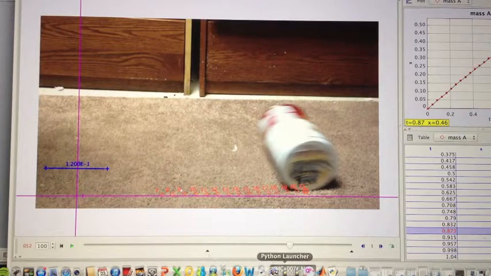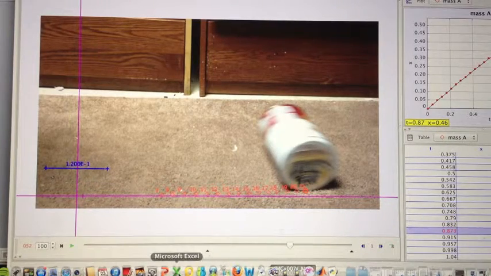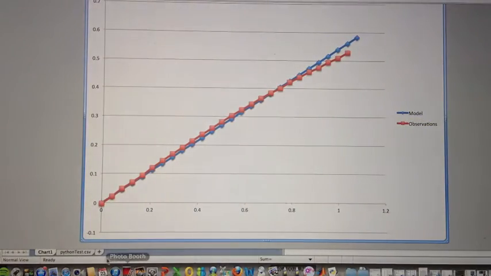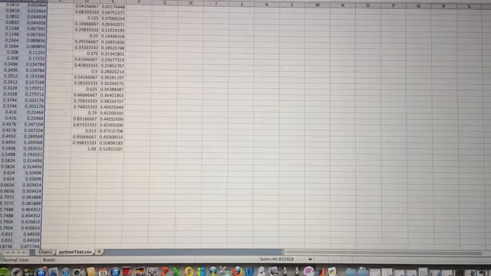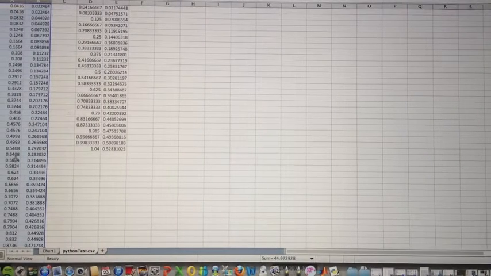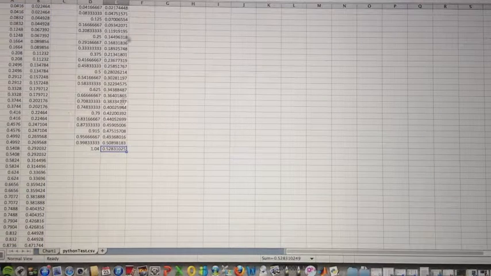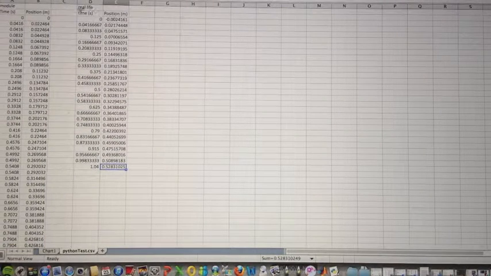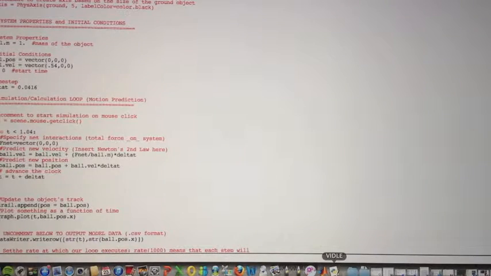So I got the data from that and put it onto Excel. Over here you can see the data from the video tracker software. Then I went to Python and created my computational model.